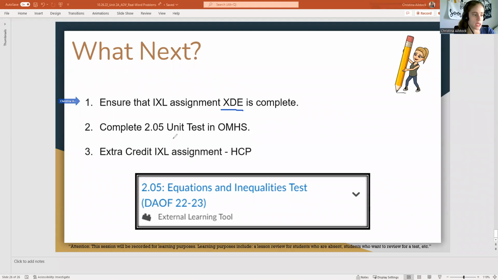This was our final week, so you have a 205 unit test open. You can go ahead and work on that. And then if you would like to do this extra credit assignment, HCP, that matches today's lesson of working with word problems and writing those equations and solving them, you can complete that extra credit assignment if you choose to do so. But the 2 underlined here in blue, those are the official requirements that if you don't do, you would get a missing 0 for.